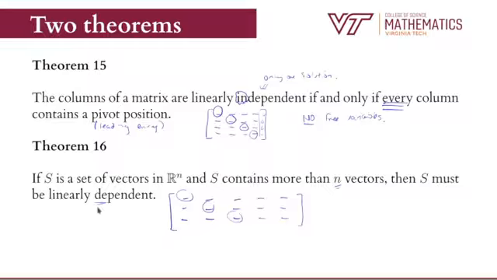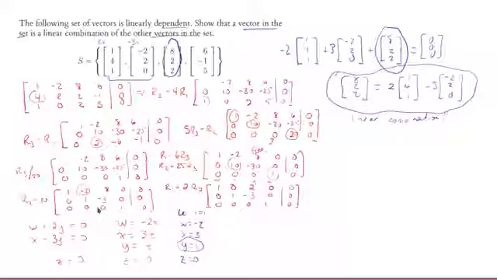So before I go to the next slide, I'm going to go back two slides. Because this matrix right here had 4 columns but only 3 rows, that was enough to guarantee that there was going to be a free column in there somewhere.